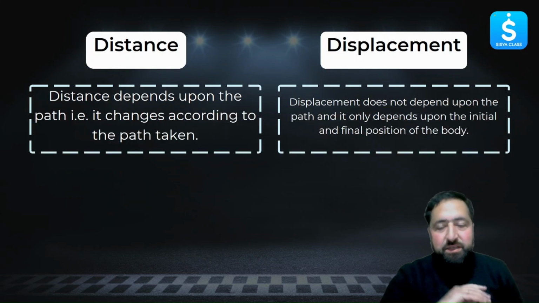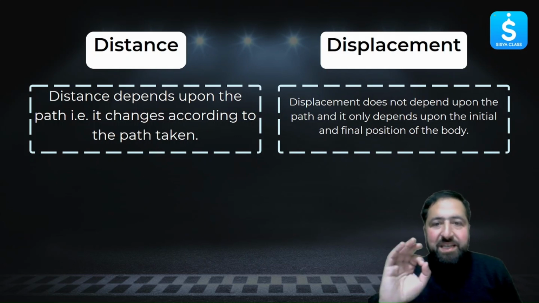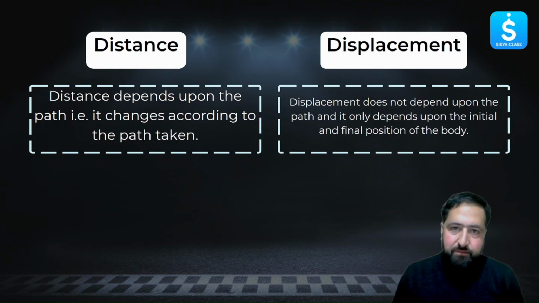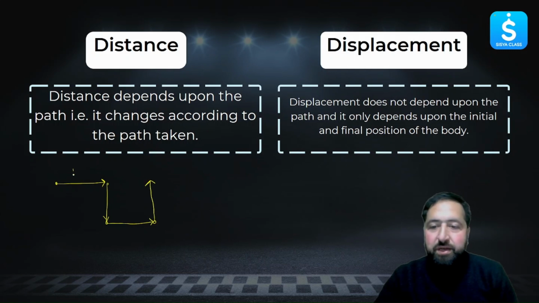Now, distance depends upon the path. That is, it changes according to the path taken. For example, if a body is moving, first it covers some distance, then it turns, then it covers some distance again, and again in this manner. Let's suppose it covers 10 meters here, 10 meters here, 10 meters here, and 10 meters here.